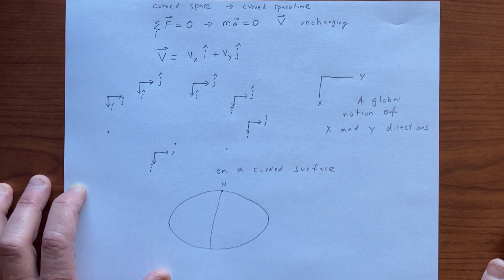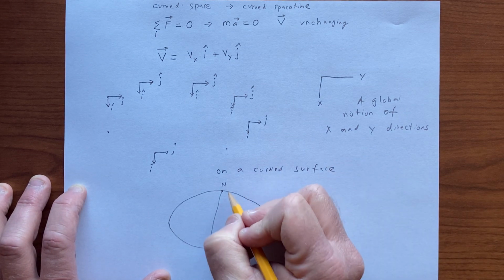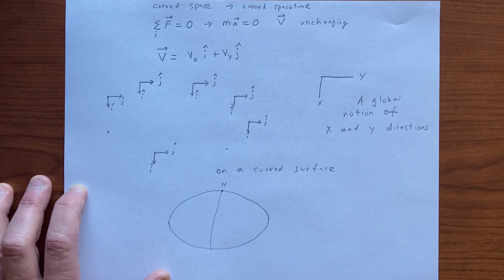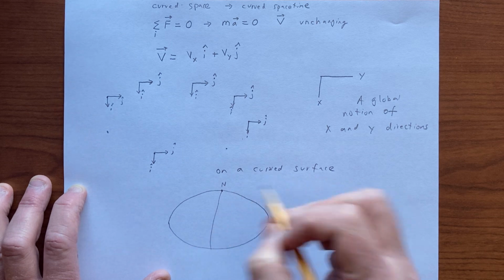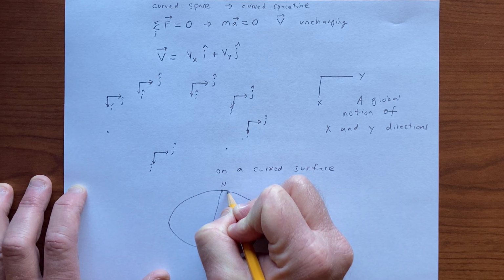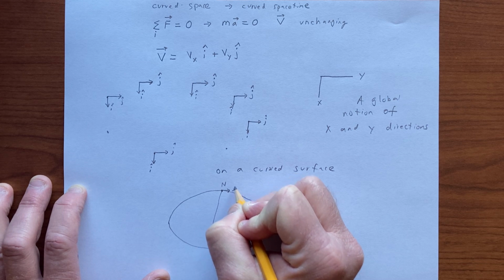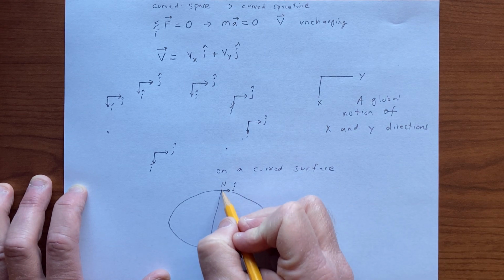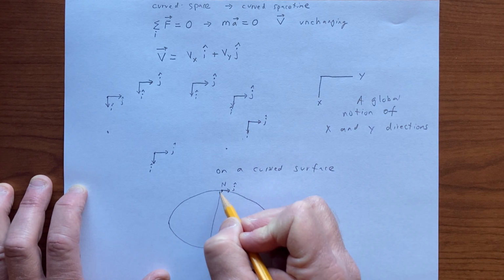Not the greatest drawing, but whatever. So let's say I try to put an XY coordinate system at different points. So I'm at the North Pole, and so I decide that the Y direction is to the right. That's my J hat. And my X direction is out of the page right here.